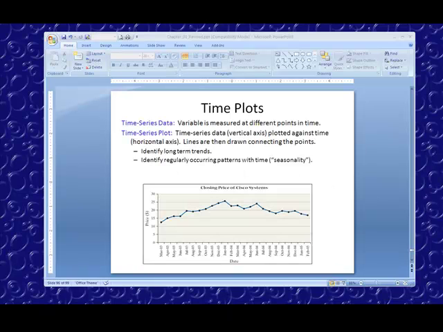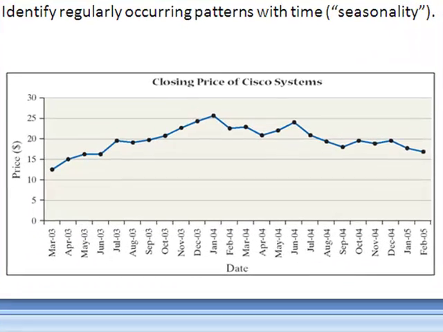So here we're looking at the price of a particular stock, and it's over time from March 03 to February 05. And you can see it steadily increases for the most part up to January 04, but there are little dips in there. But on average, it has increased.